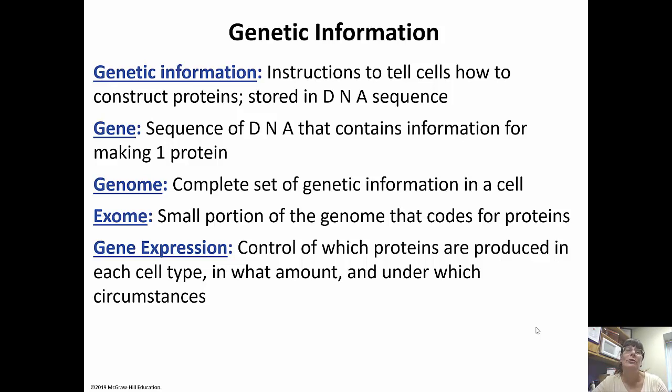And then we're going to express whichever proteins the DNA basically tells us to express. So gene expression is how we control what proteins are produced in each cell, how much of the protein is produced, and under what circumstances the proteins are going to be produced.